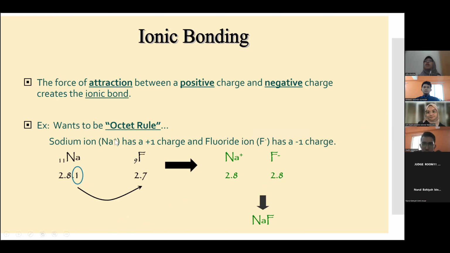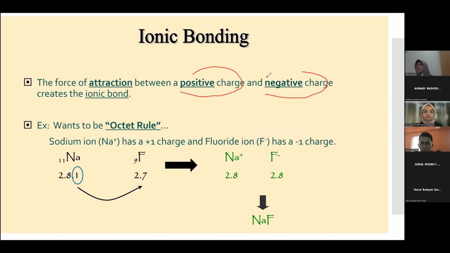Okay, so when positive charge and negative charge interact with each other, they make a force of attraction, and it creates an ionic bond. So the clue for an ionic bond is that there is a positive charge and there is a negative charge.